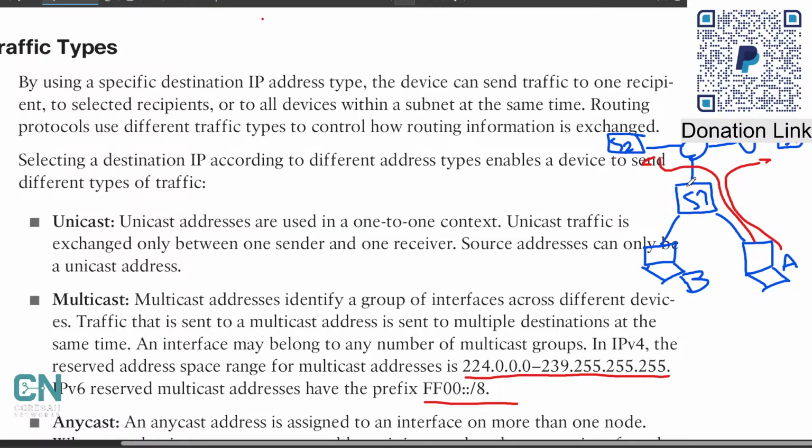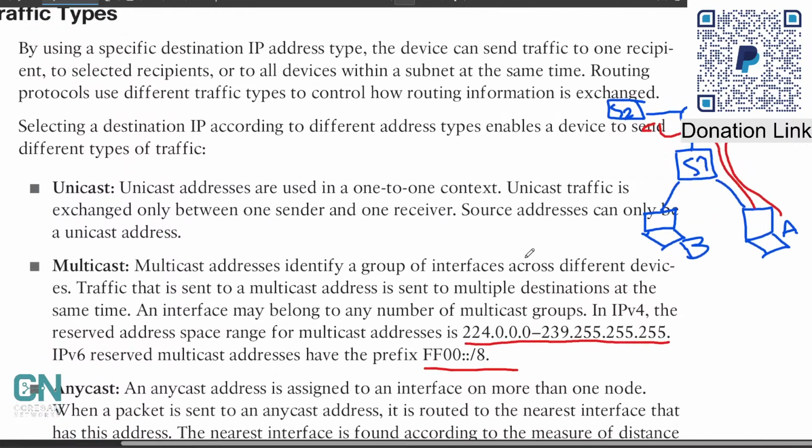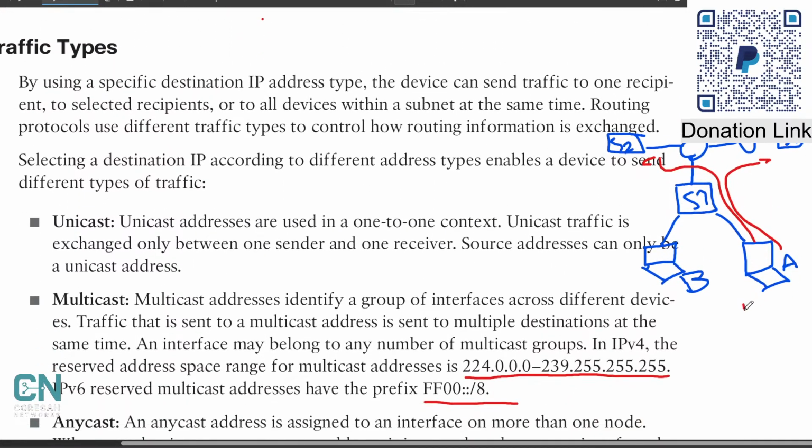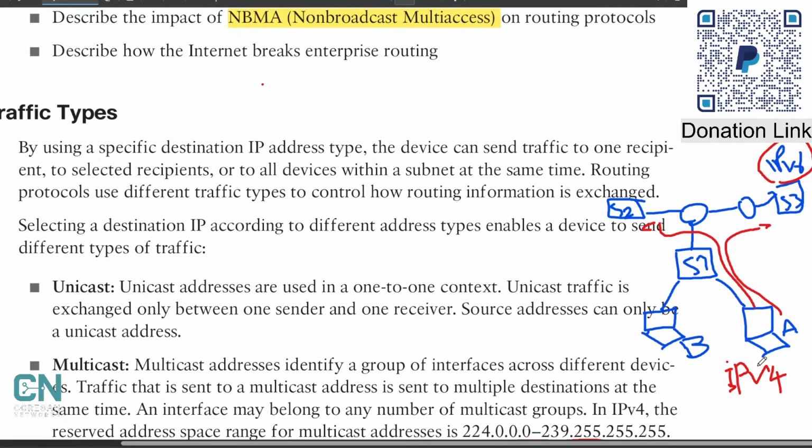We have a multicast actually. Even if PC A has IP version 4, it doesn't matter. We have IP version 6 here and IP version 4 here.